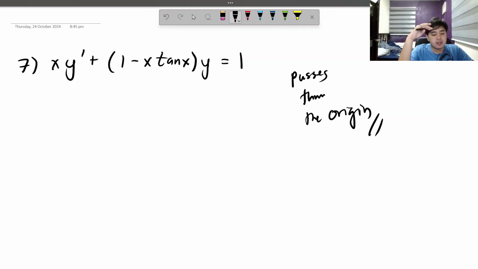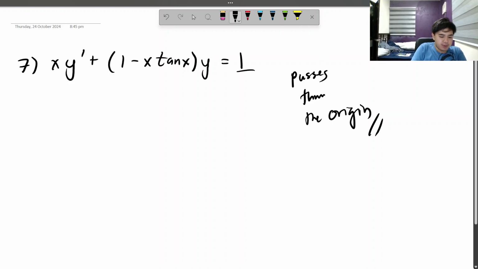Is it homogeneous? Is it separable first? Actually, yes, this is separable. Would that help you? Maybe, but let's say this is linear. We can solve it later with separability, but let's see here. There's the 1 in here, probably not separable at the moment. Sorry to burst your bubble. It's probably not separable, but it's still linear.